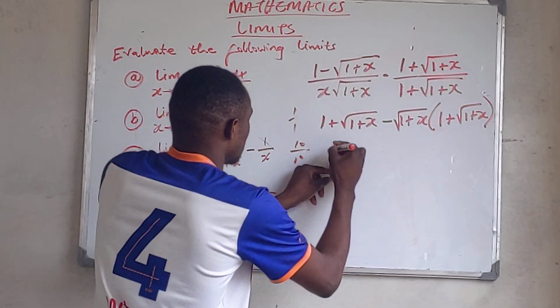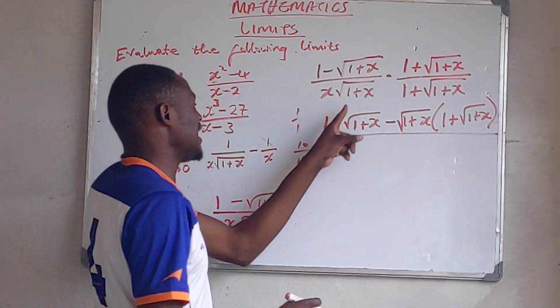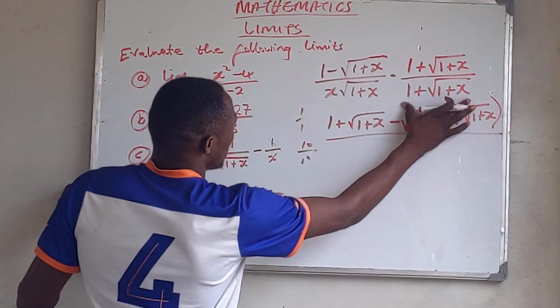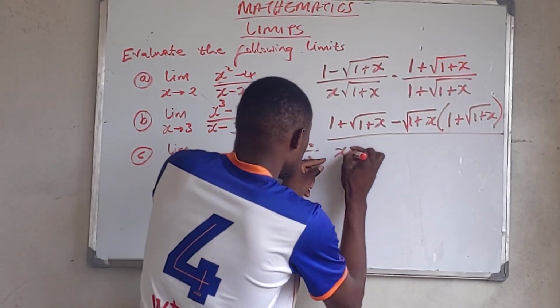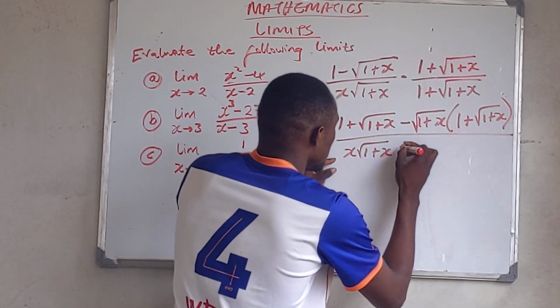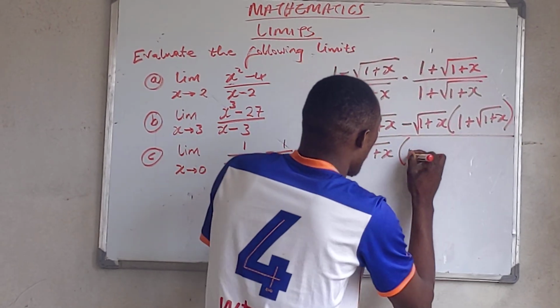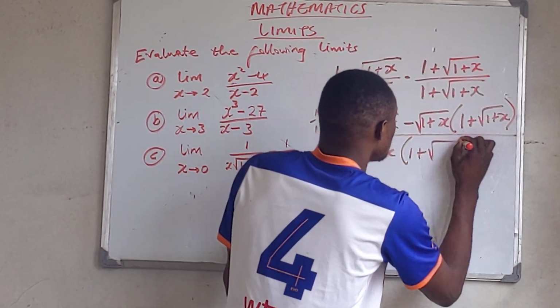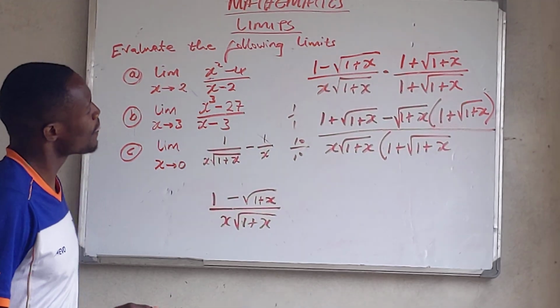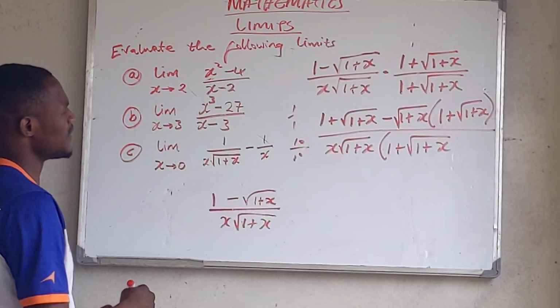Then we close like that. Over, we expand this by multiplying this by this. So we have x, the root of 1 plus x multiplied by this, which is 1 plus the root of 1 plus x.